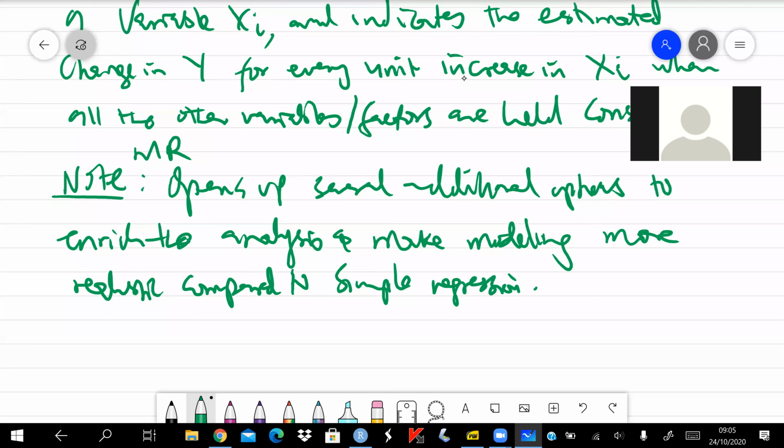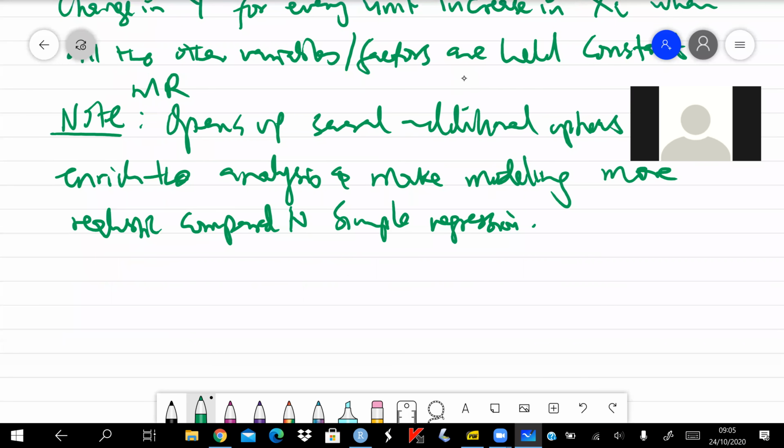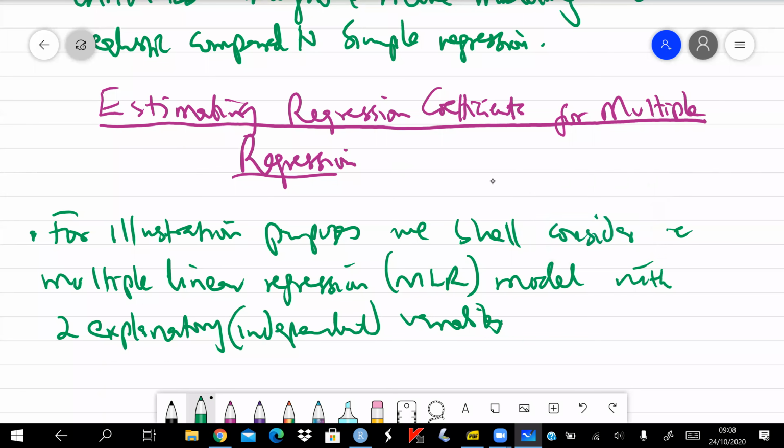Then I want us to move to the estimation of the regression coefficients. I don't know whether there is any question. Okay, so now we move on to the estimation of the regression coefficients for multiple regression. The concept behind this estimation process is just the OLS.